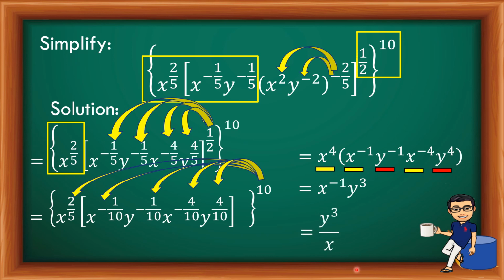And this will be the result. The one with a positive exponent, we copy that: y raised to 3. The x will be at the denominator so that the exponent becomes positive. Instead of x raised to 1, since it is positive now, we can just write x. Hence, our answer when we simplify this expression is y raised to 3 over x.